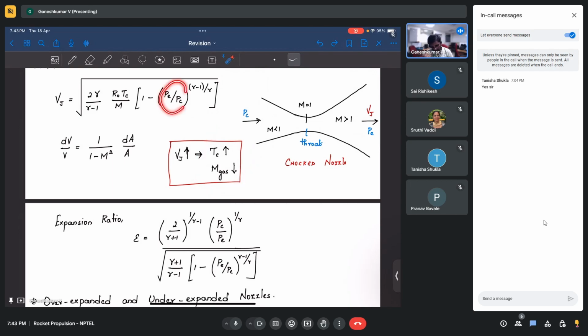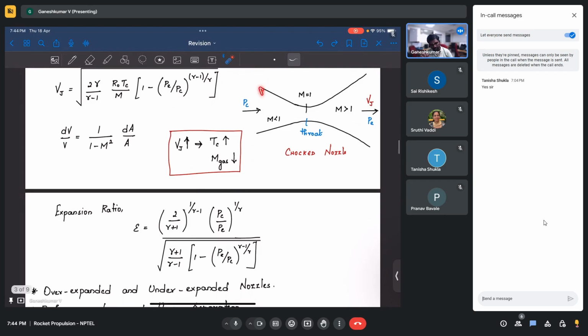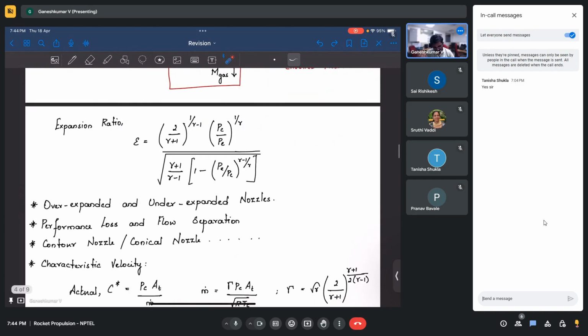It is also true that if you increase the pressure gradient, you are going to have a higher mass flow rate, which is going to lead to higher thrust, and higher jet velocity also. And if you are defining a CD nozzle, then you need to know its expansion ratio.